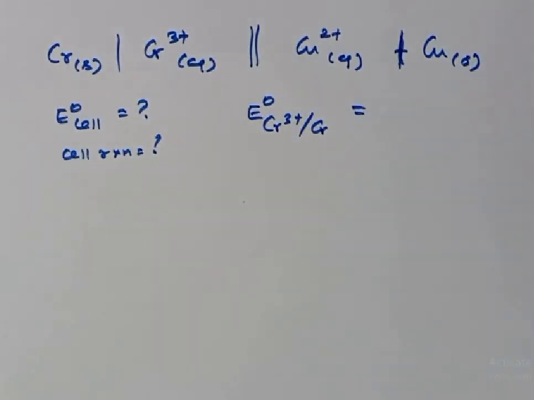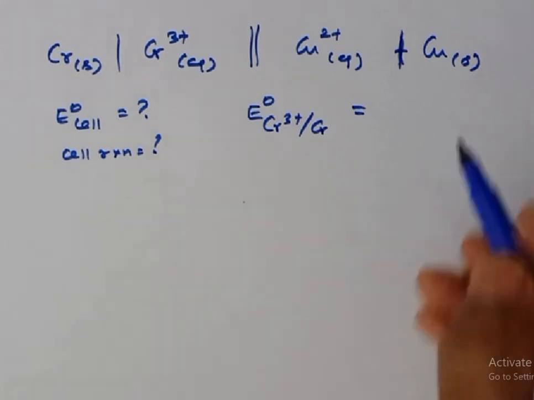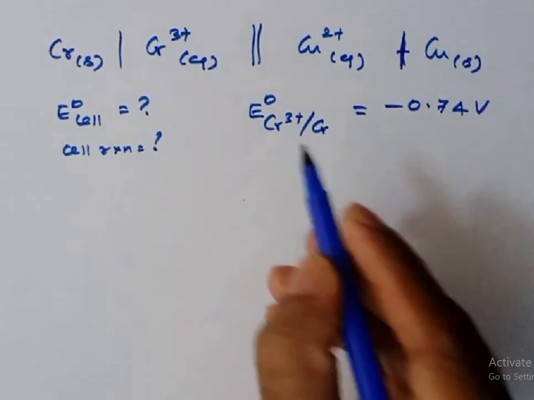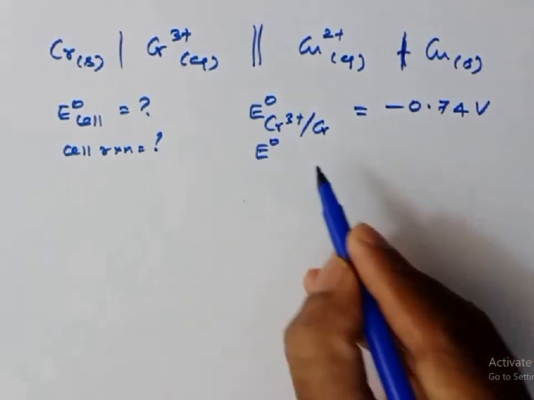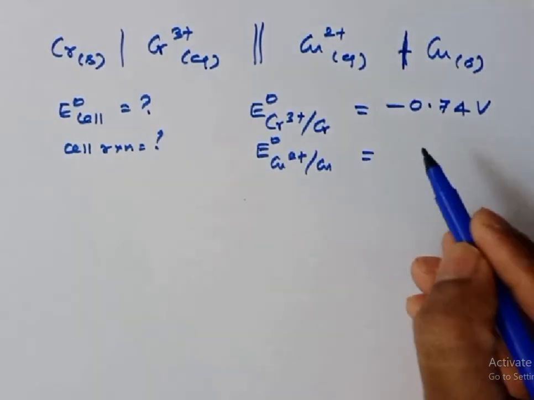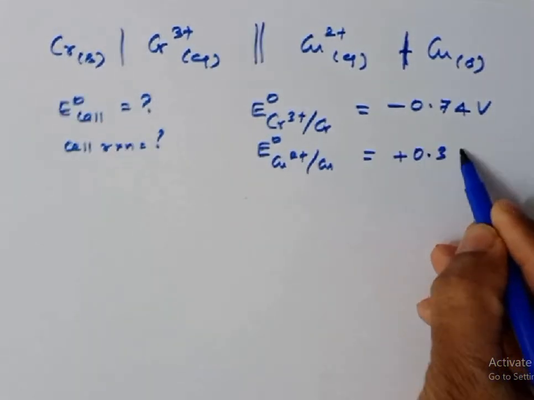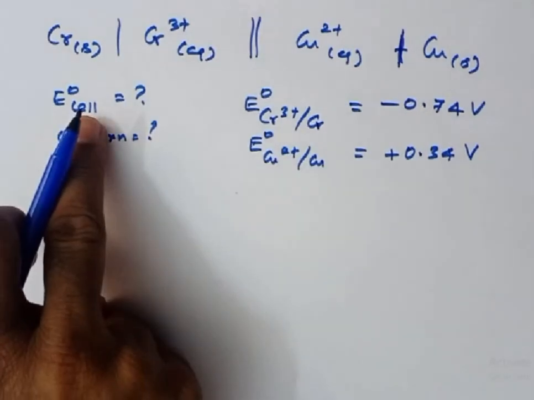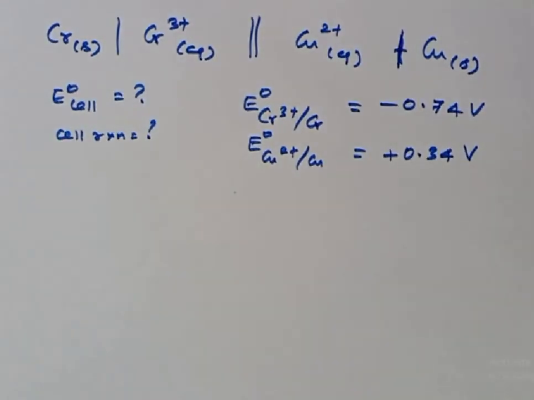The value of this is minus 0.74 volt, and the standard reduction potential for copper 2 plus becoming copper is plus 0.34 volt, we know very well. Calculate the standard cell potential and also write the cell reaction. Yes, students, do it now.